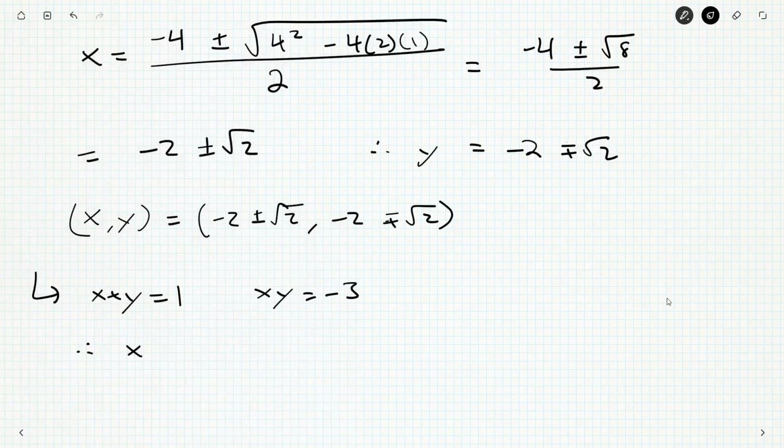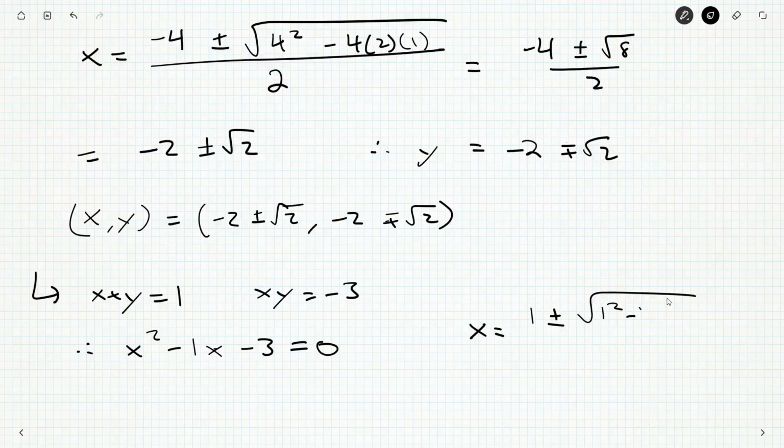So that tells me x squared minus 1x minus 3 is equal to 0. So we get x is negative b plus or minus square root of b squared minus 4ac all over 2a. And that's going to be 1 plus or minus root 13 all over 2.